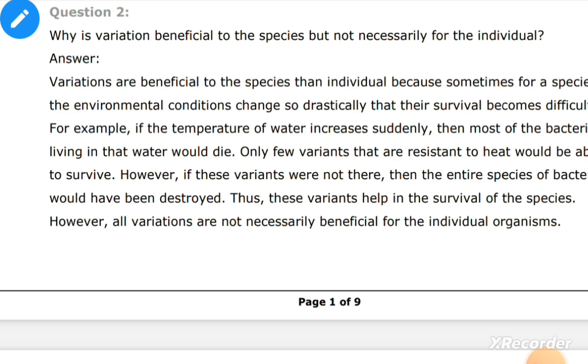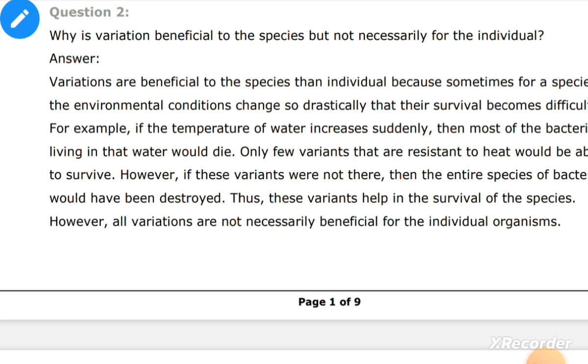Variations are beneficial to the species rather than individuals because sometimes the environmental conditions change so drastically for a species that their survival becomes difficult. For example, if the temperature of water increases suddenly, most of the bacteria living in that water would die. Only a few variants that are resistant to heat would be able to survive.